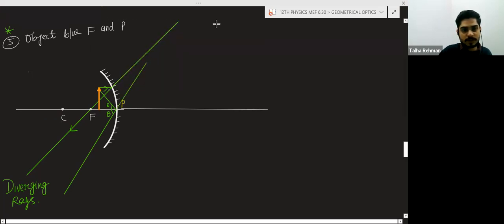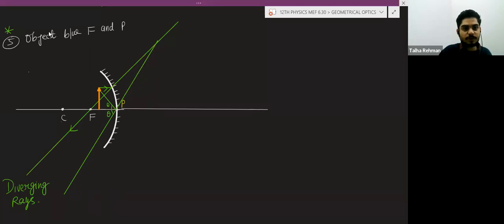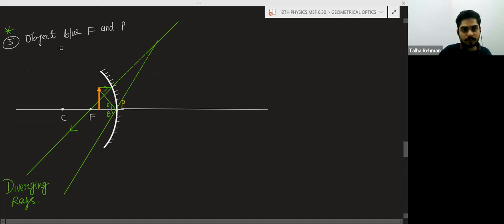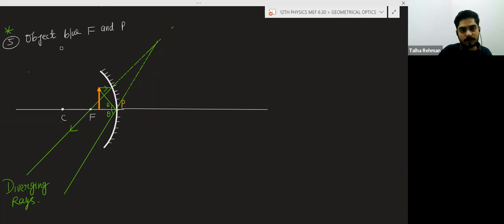Okay, so somewhere here the image will form, and you are producing these rays backward. So here you are getting the image.